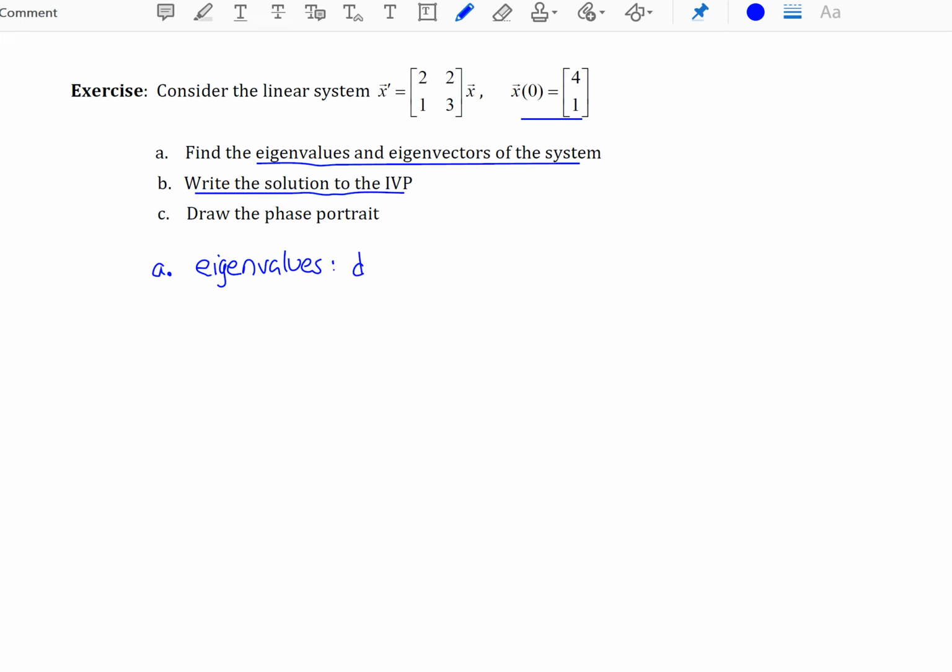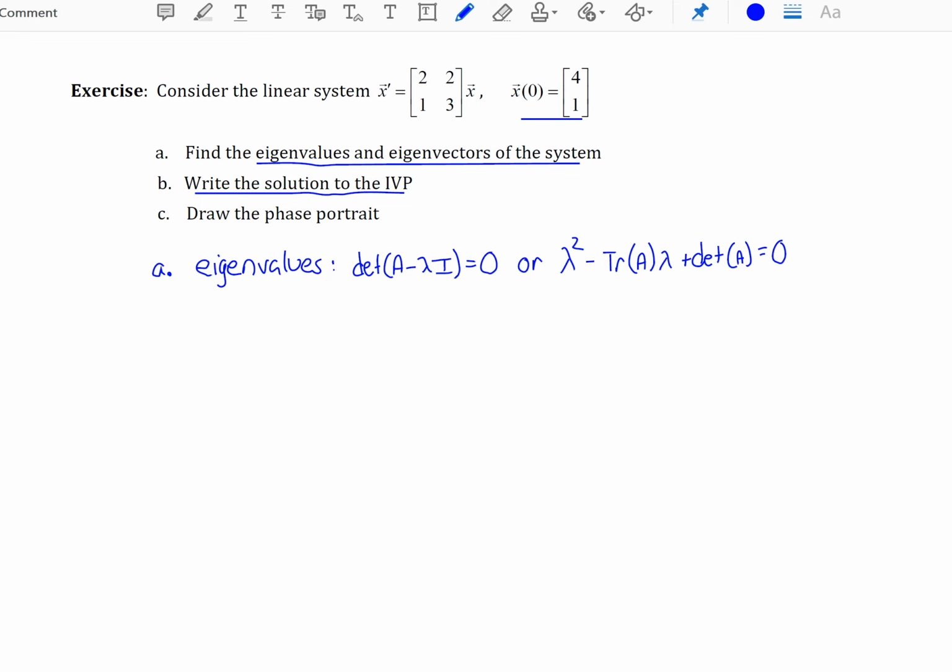You can look at the determinant of A minus lambda I equals 0, or you can look at our shortcut, lambda squared minus the trace of our coefficient matrix A times lambda plus the determinant of A. I like using the trace determinant shortcut.